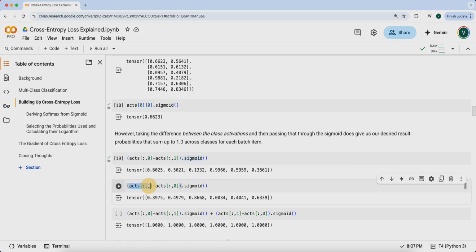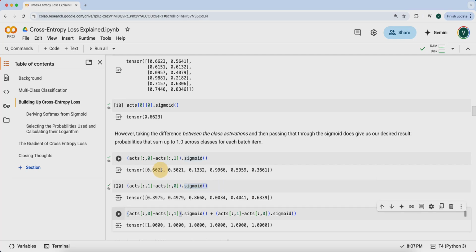And on the other hand, we have my class 1 activations minus my class 0 activations, and we take the sigmoid of that. Now we can see that because we have incorporated both activations, we have probabilities that add up to 1.0.